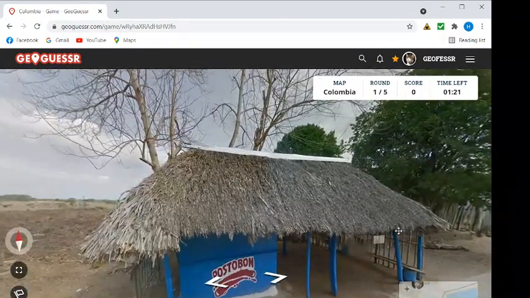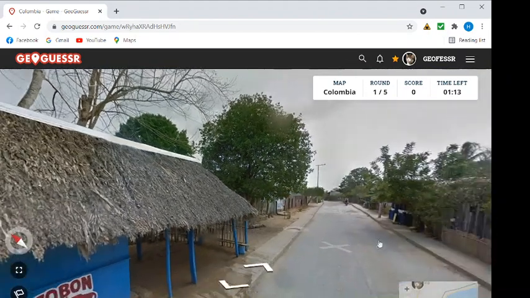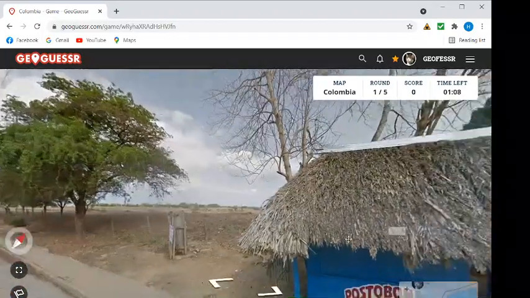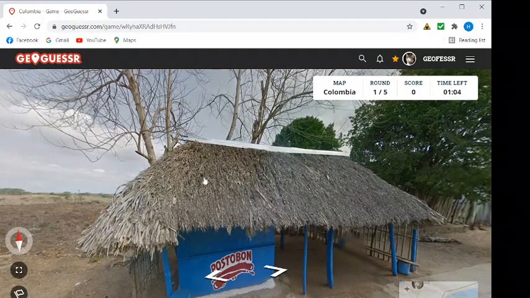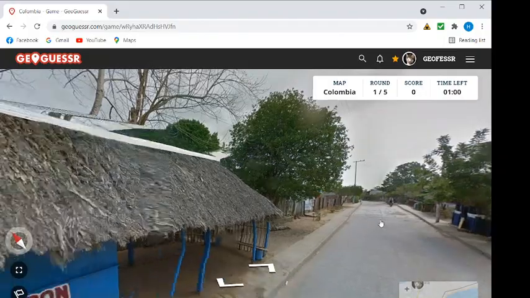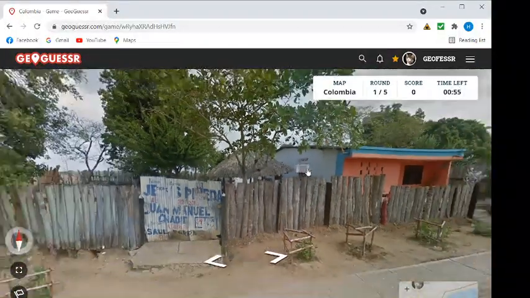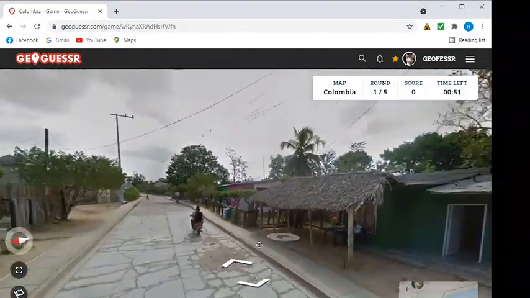And the other thing that tells me that this is Guajira is that I've actually seen that this is a style that's used in Guajira with the thatched roofs. And you see that a lot in Latin American countries in areas with continuing indigenous cultural influence, where people build native style huts.